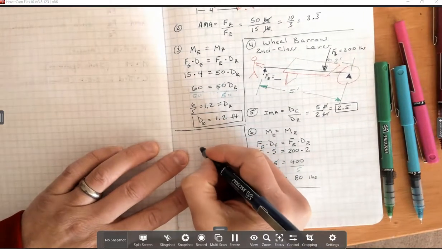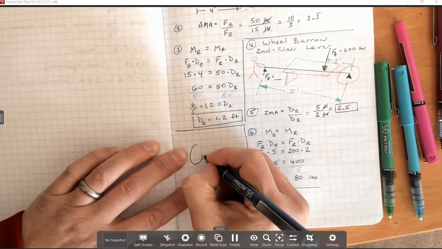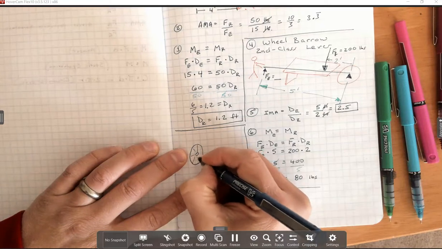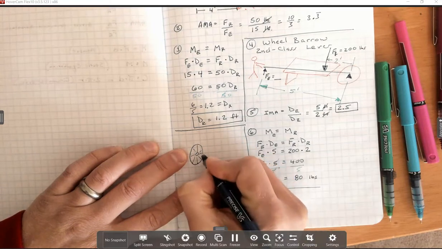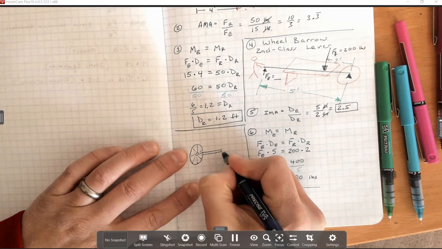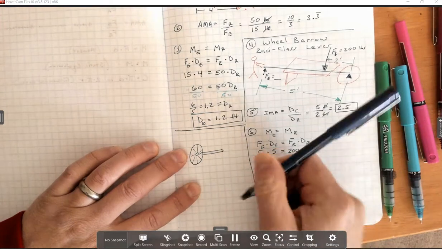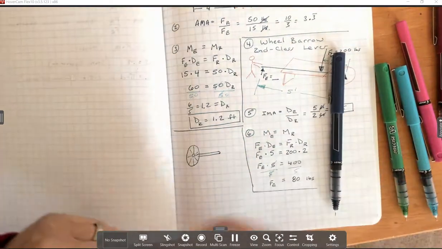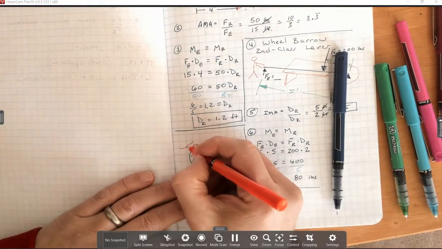So imagine we've got a wheel and an axle. Say we have an operator, someone that's going to use their hand.